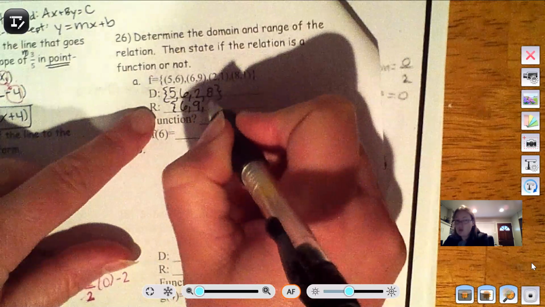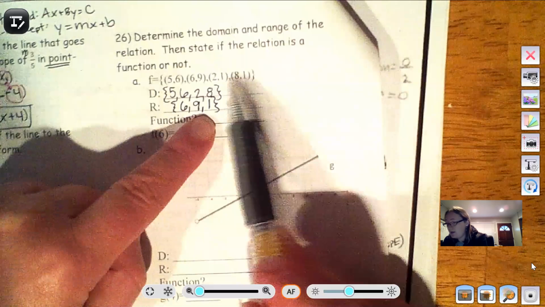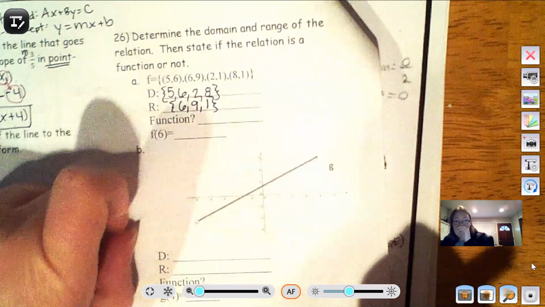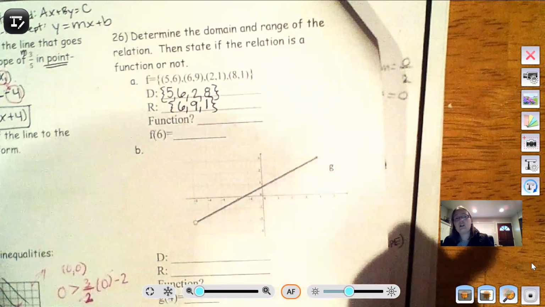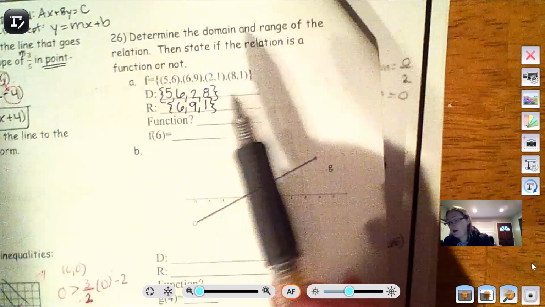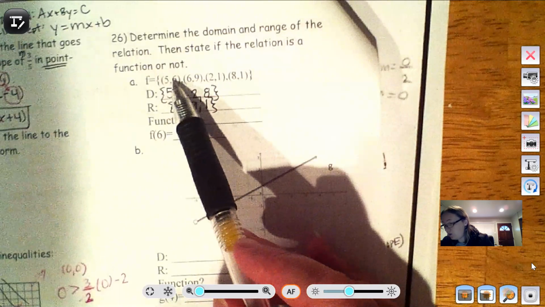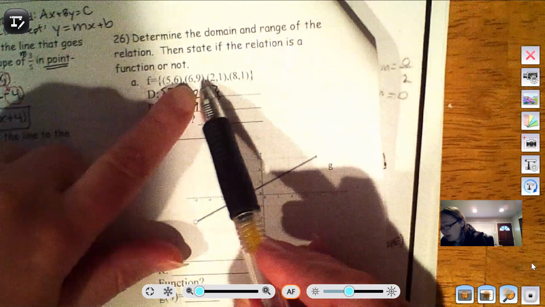And you don't need to duplicate, so I didn't need to say 1 twice. And you can determine if it's a function by making sure that an x only goes to one y. So 5 is only going to one thing, 6 is only going to one thing, 2 is only going to one thing, 8 is only going to one thing, and that's because they're all separate x's.